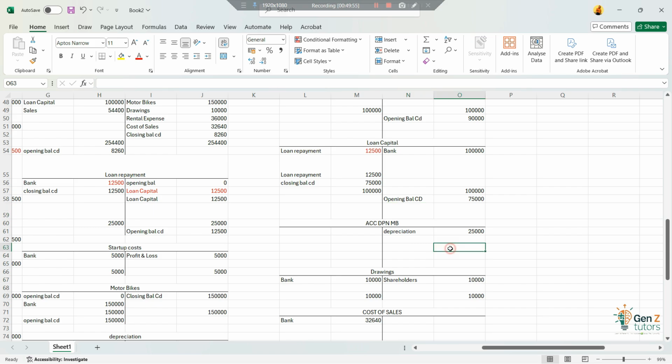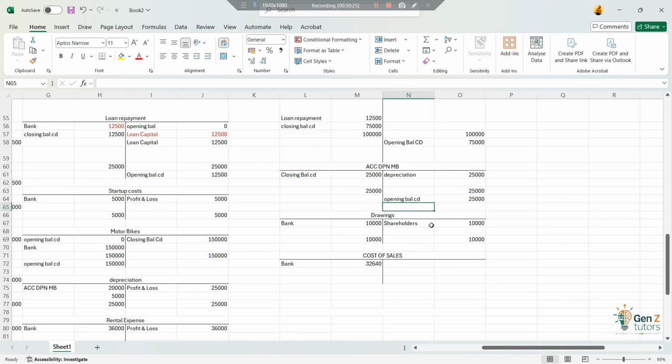We can continue regardless and say since there was no opening balance, then put in the closing balance carried down, and this closing balance carried down is going to be this 25,000, and the accumulated depreciation opening balance carried down for next year is going to be what, that 25,000 over there.